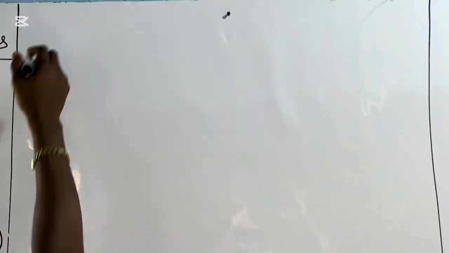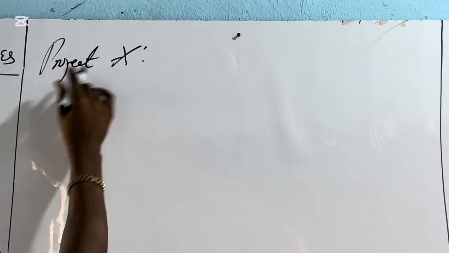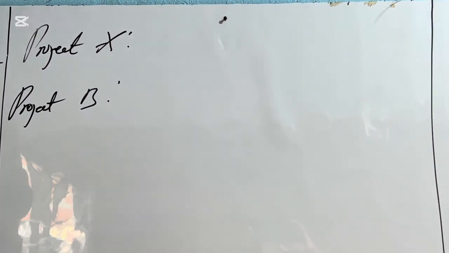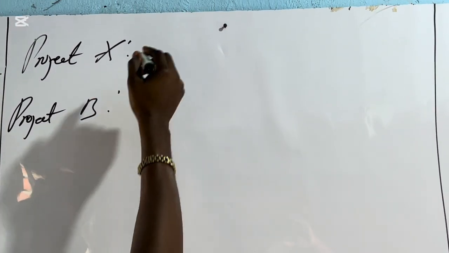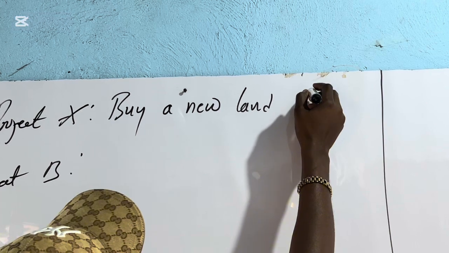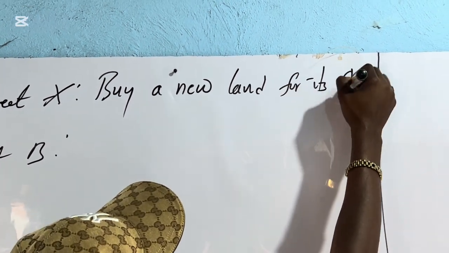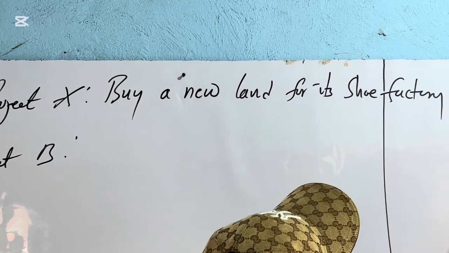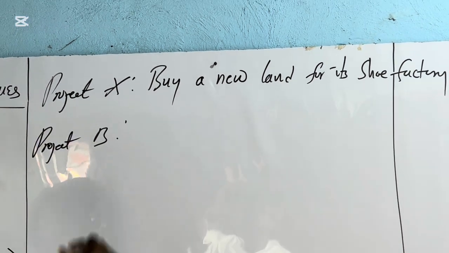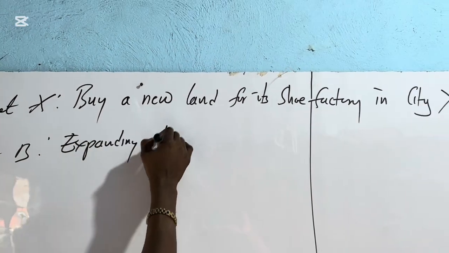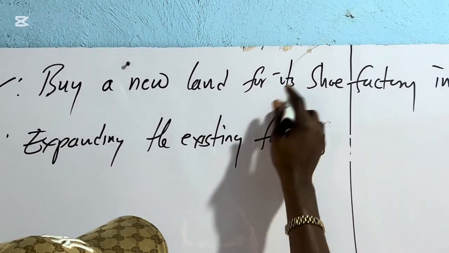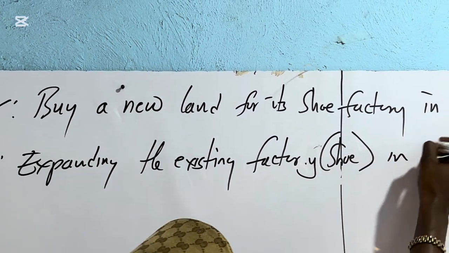For example, let's say a company wants to undertake two projects, project A and project B. Project A is the company is contemplating whether to buy a new land for its shoe factory in, let's say, city X. Then at the same time, they are also contemplating expanding the existing shoe factory in, let's say, city Y.